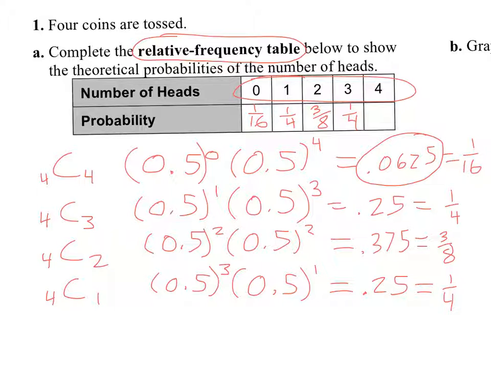So you'll notice that the probability of getting heads once and the probability of getting heads 3 times are the same, and that's because 1 heads and 3 tails is equally as likely as 3 heads and 1 tail, because they're both 50-50.